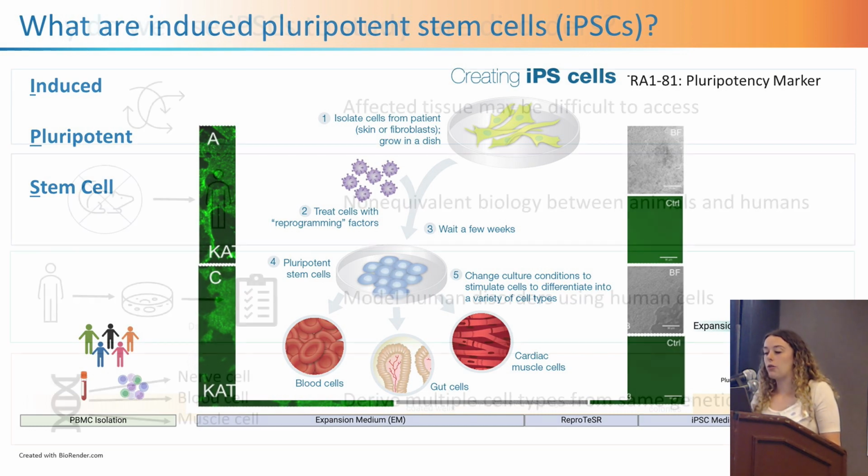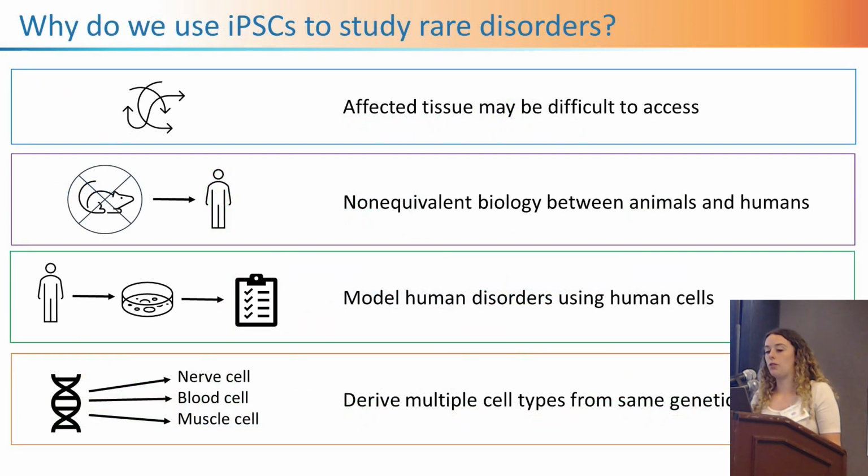So a big question is, why do we use iPSCs to study rare disorders? Since iPSCs can be derived from a blood or skin sample and then differentiated into different cells or tissues, this allows us to study affected tissues that otherwise may be difficult to access from the patient. And animal research has been very helpful in advancing scientific knowledge, but we do recognize that there is still some differences in the biology between animals and humans.